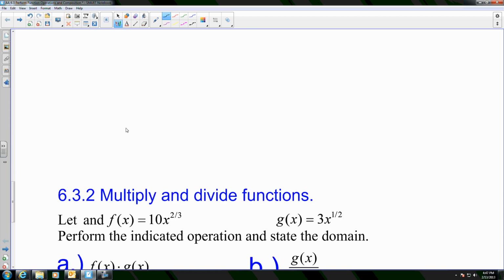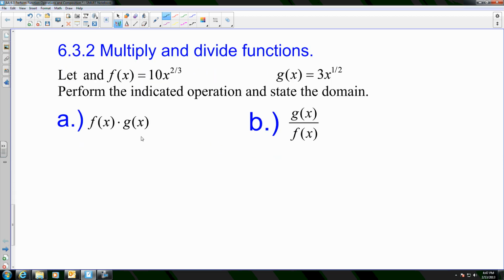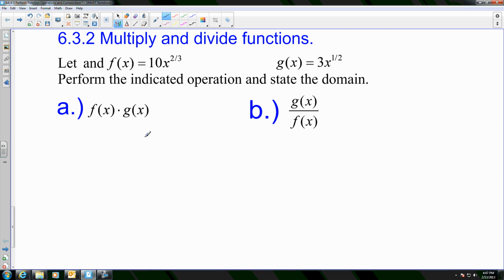If I go down to here, we're going to do a multiplication and division operation, where here is f of x. f of x is 10x to the 2/3 multiplied by 3x to the 1/2. I got 10 times 3, that gives me 30.